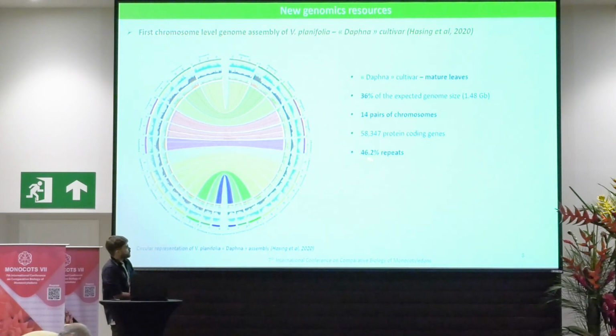If we look at the protein coding genes, we can see that they annotated nearly 60,000 protein coding genes, and that the analysis of completeness showed it was a good representation of what you could expect for this species. But there are two problems. The first one is that only 14 pairs of chromosomes are represented, and only a bit more than a third of the expected genome size is represented in these sequences.